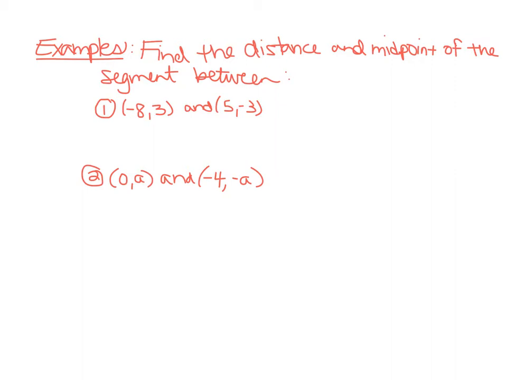So for number 1, to find the distance, we are going to use the distance formula. And we are going to get 5 minus negative 8, and that's going to be squared, plus negative 3 minus 3, also going to be squared.